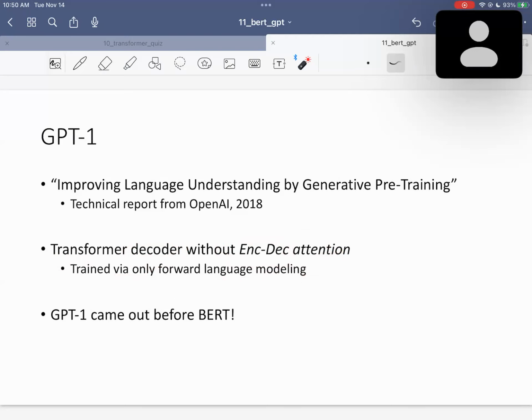Unlike ELMo, where there was forward and backward language modeling, GPT-1 is all about forward language modeling. And the difference is that they use transformer instead of bidirectional LSTM. And GPT-1 actually came up before BERT. So BERT is actually best of the two, best of ELMo and GPT-1.